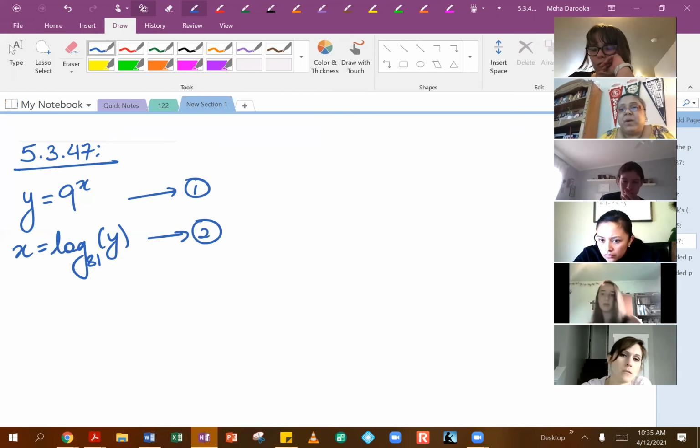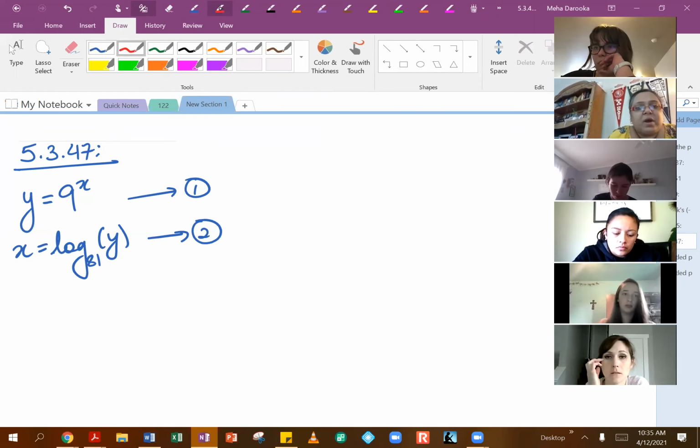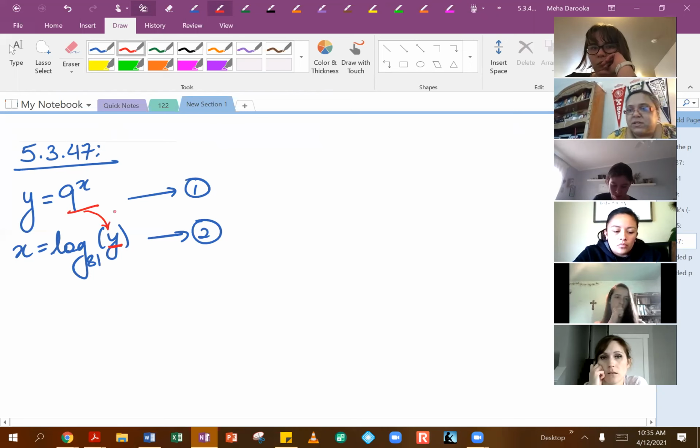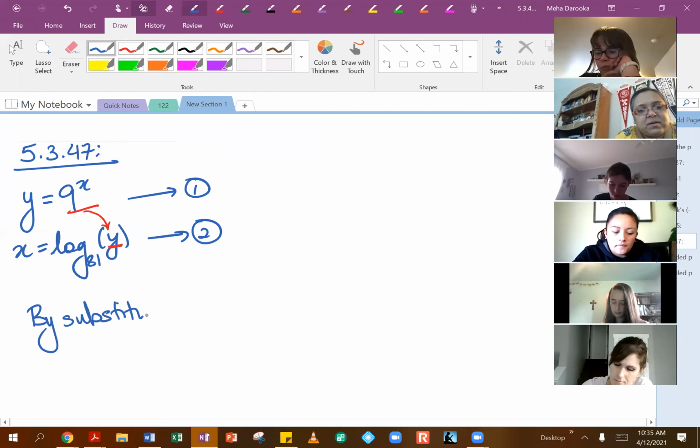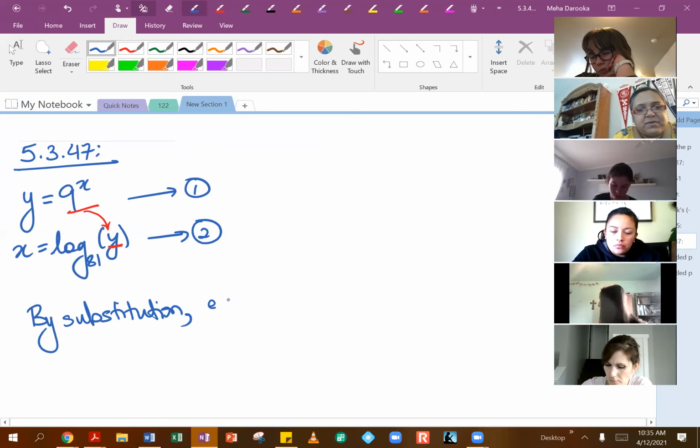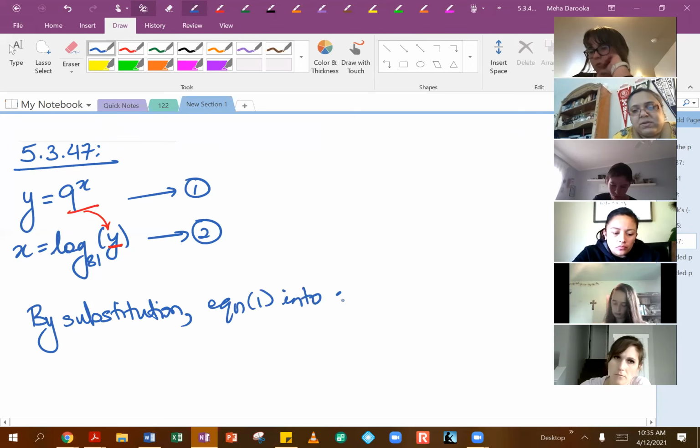So this is the one where I would actually use substitution again instead of the addition method. What we want to do is substitute the y over here by using our first equation. We're substituting equation 1 into equation 2.